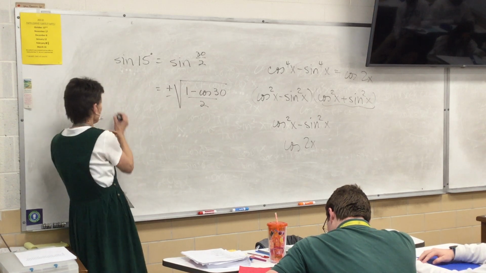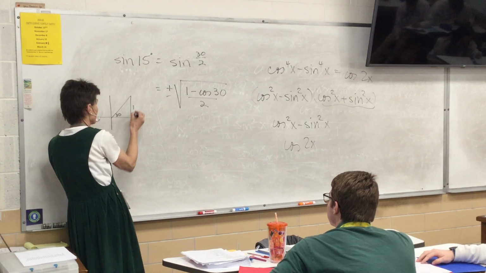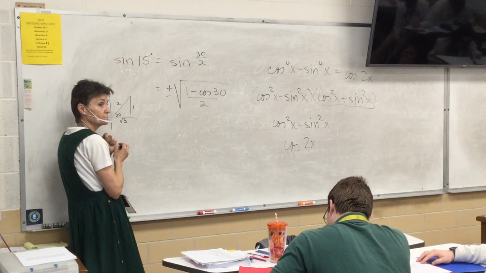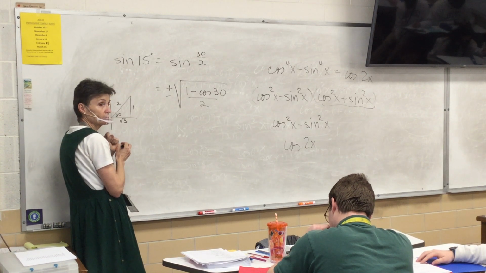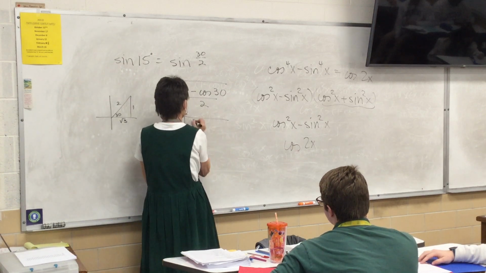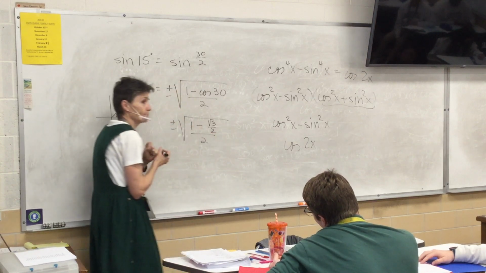So now I gotta figure out the cosine of 30. Root 3 over 2. You okay with that? So I have the square root of 1 minus root 3 over 2 over 2.